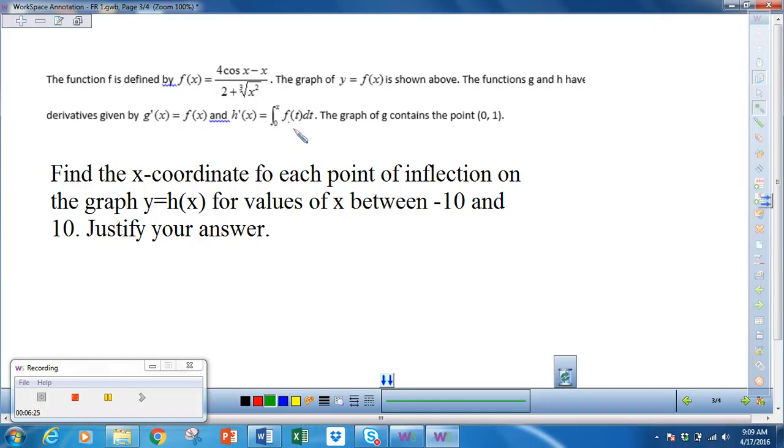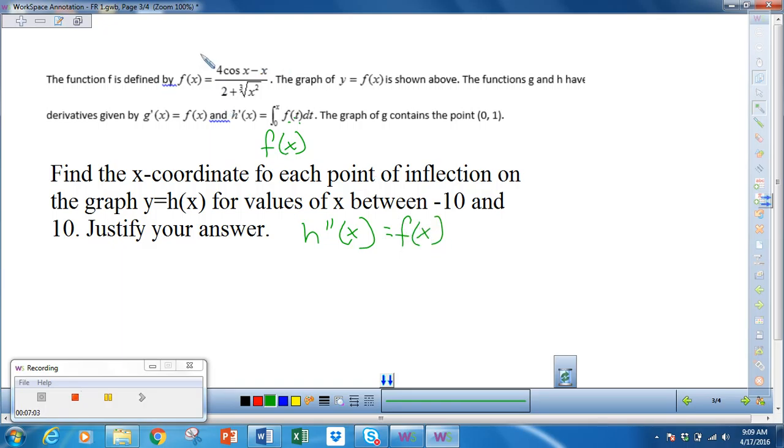So for h double prime, since the first derivative is an integral, we have to use the fundamental theorem of calculus, and the second derivative would simply be f of x. So h double prime of x is simply f of x.